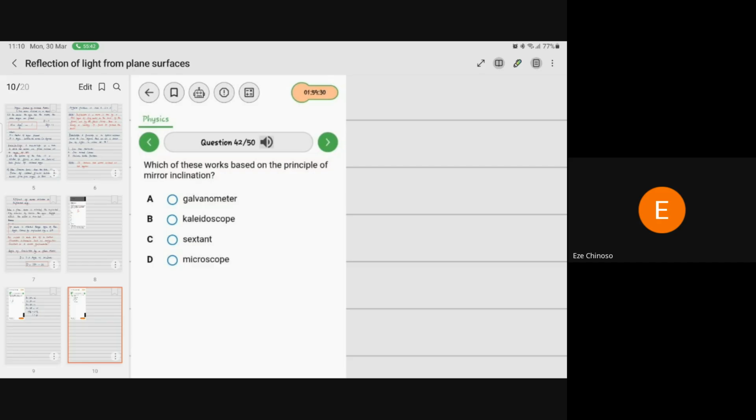B. Do we agree for B? Everybody, do we agree for B? I'm having only Titi saying B. Emmanuel, Paul said C. Okay, let me go on the chat and observe what is happening there. Principle of mirror inclination.